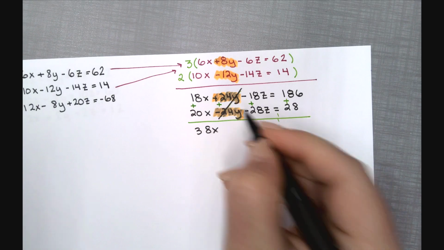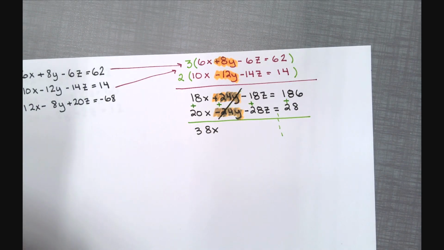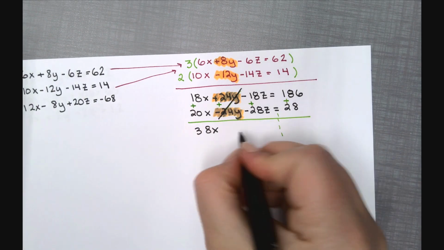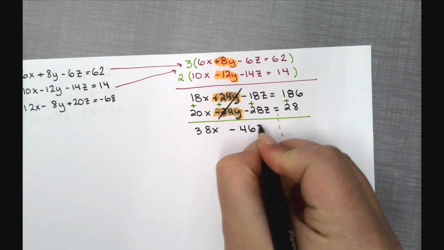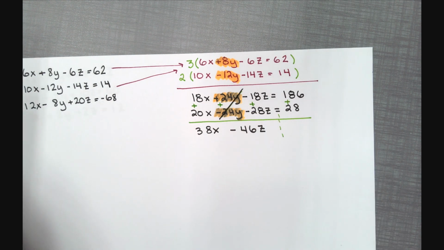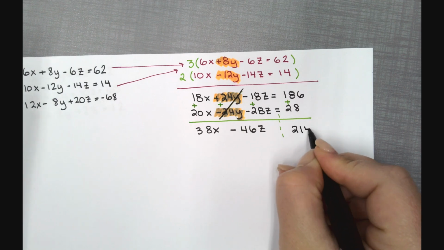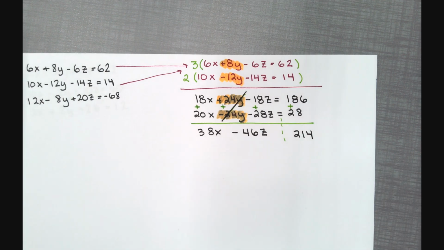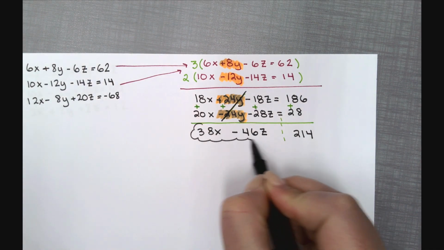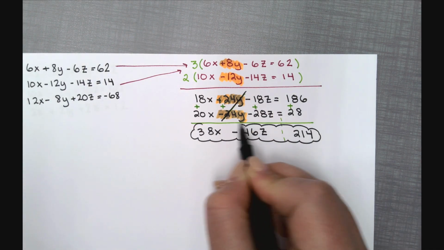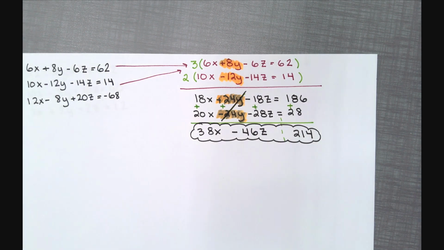These are gone. Negative 18 plus a negative 28, that gives me a negative 46z. 186 plus 28 gives me 214. All of these are even. We can check if we can simplify, or you can keep it. It is up to you. I'm going to choose to keep it. I'm placing this in my first thinking bubble.